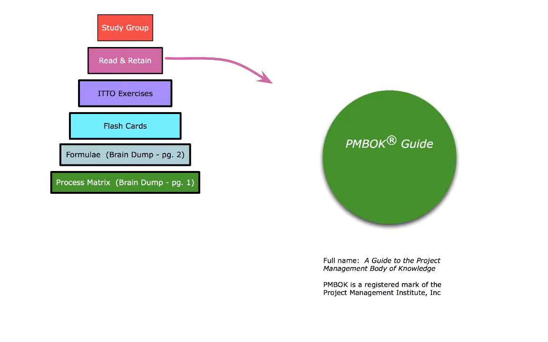Read past the stuff which is covered in the brain dump or the flashcards or the ITTO exercises, and read for the other little gems of wisdom that are in there. What does it say about emerging trends for this particular process? What does it say about this particular tool or technique and how it is used in this process? And that kind of reading will be helpful on the exam.